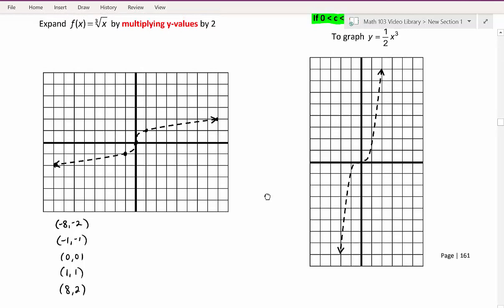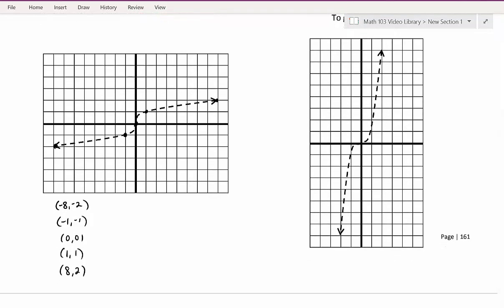To get the expansion, we're going to multiply all the y values by 2. So that gives us the new points: -8, -4, -1, -2, 0, 0, 1, 2, and 8, 4. We'll plot these 5 points.